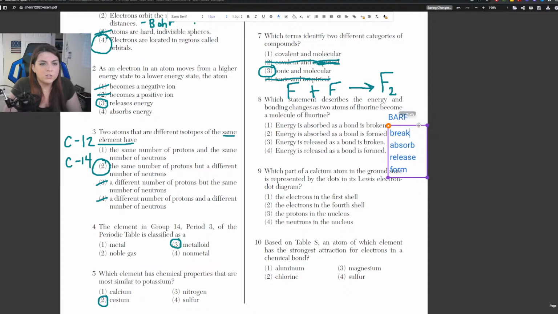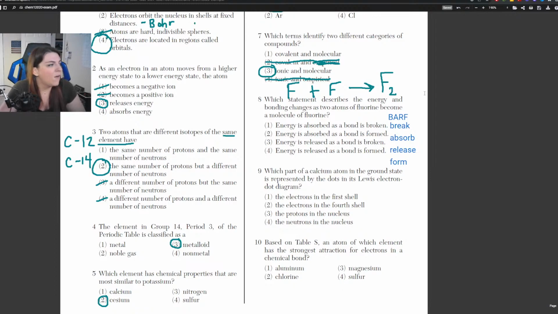When bonds are formed, energy is released. And in this case of F and F becoming F2, they are obviously forming a bond. They're bonding to each other. So they are going to release energy. So a bond is formed and energy is released is choice 4.